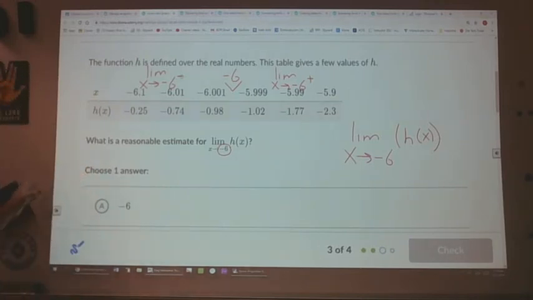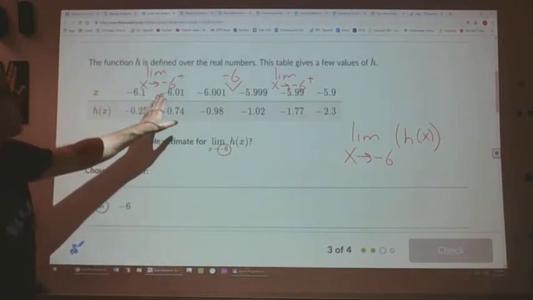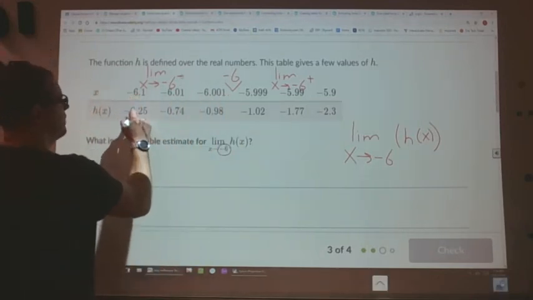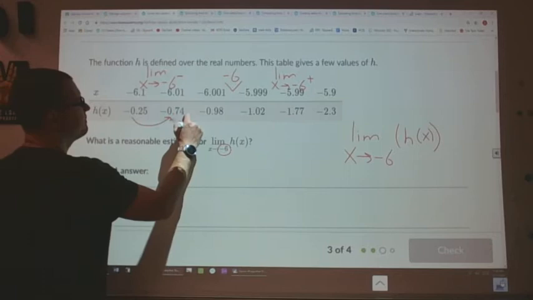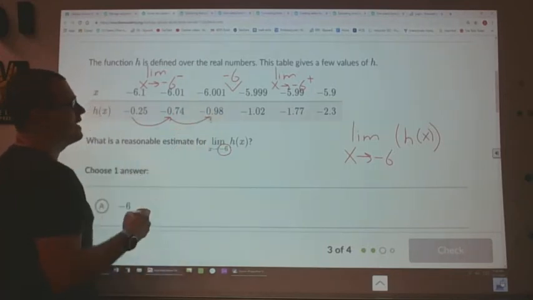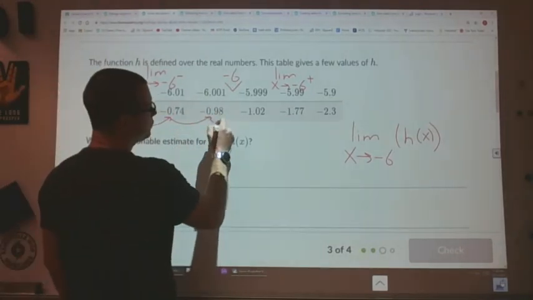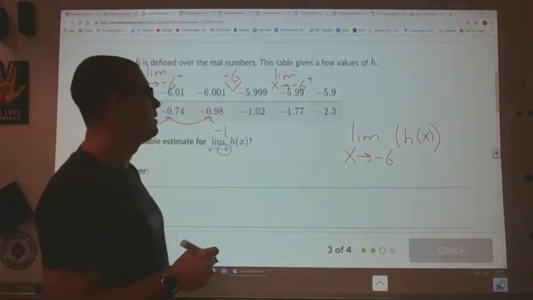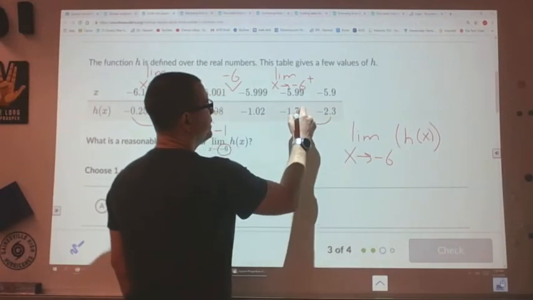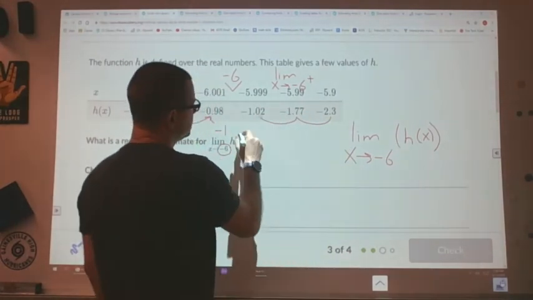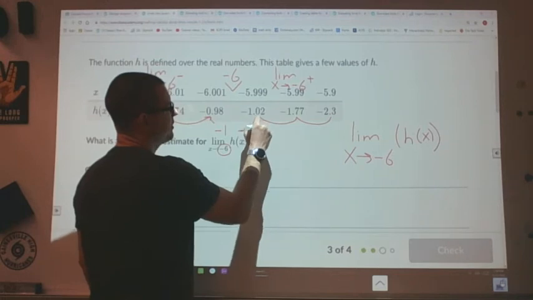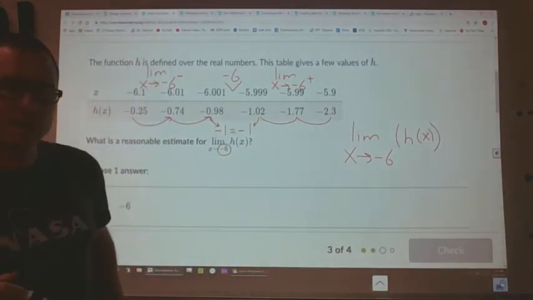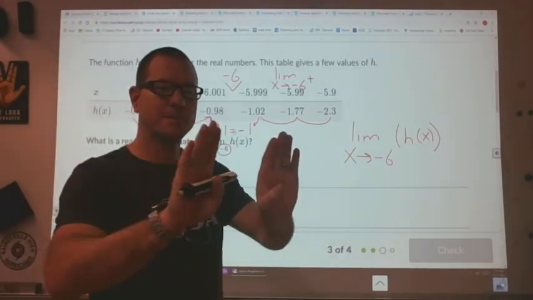So if we look, as I get closer to -6 here, we have -0.25, -0.74, -0.98. I think the next one would probably be -1. And here, -2.3, -1.7, -1.02, -1 seems to match there as well. Since those are the same, as I went from the left to right, my sides matched up.